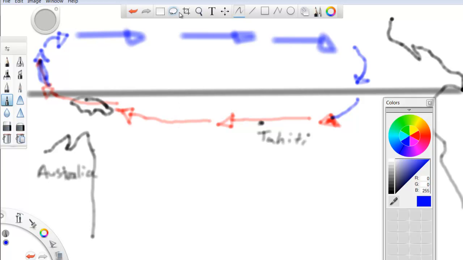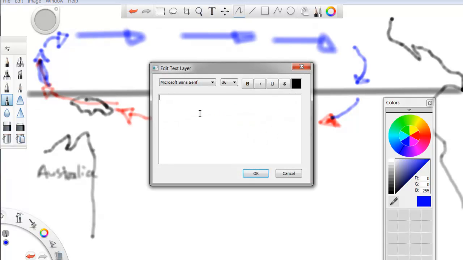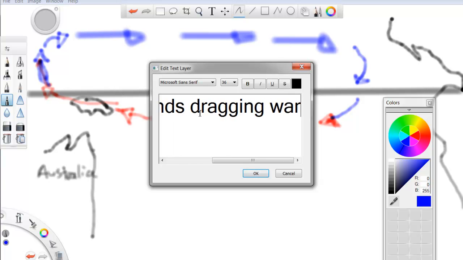So again, these trade winds drag warm water westward.